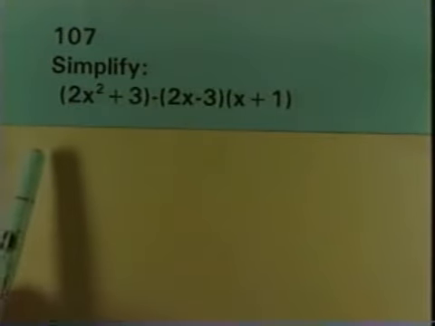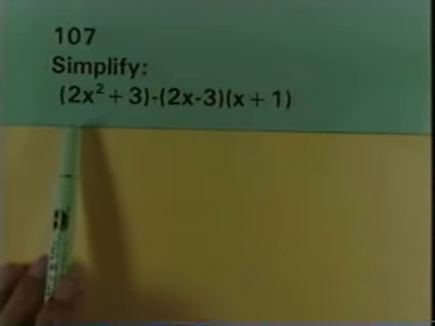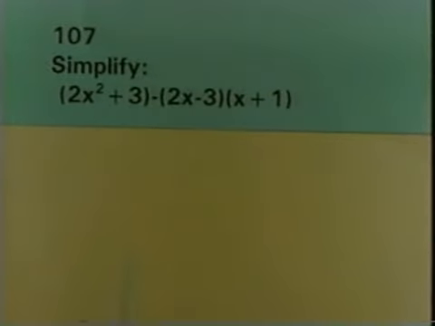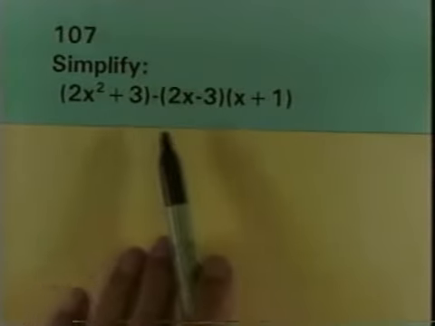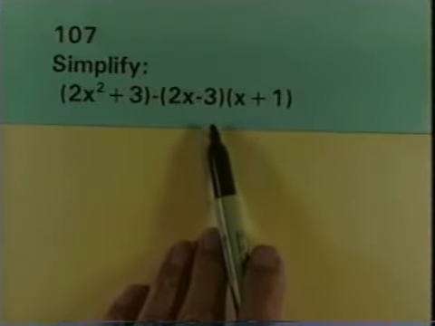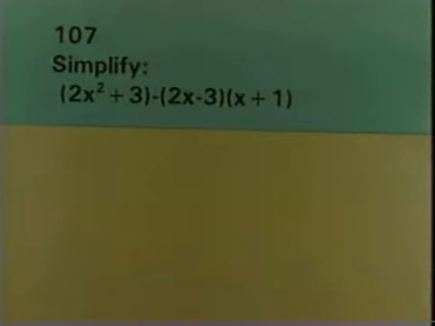Now let's consider an example. Simplify 2x squared plus 3 minus 2x minus 3 times x plus 1. 2x squared plus 3 is a binomial. 2x minus 3 is a binomial. x plus 1 is a binomial.